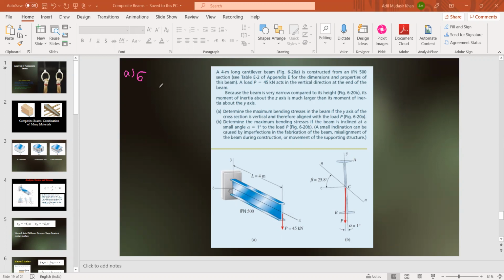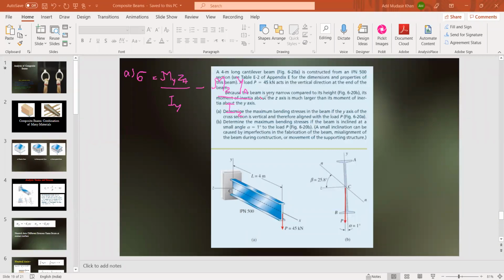Sigma is equal to My z divided by Iy, minus Mz y divided by Iz. This is the formula we already know.